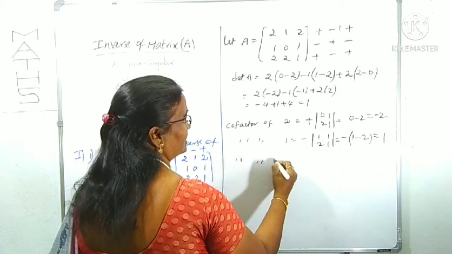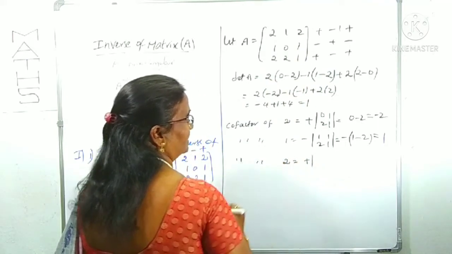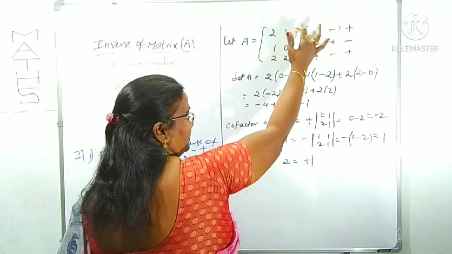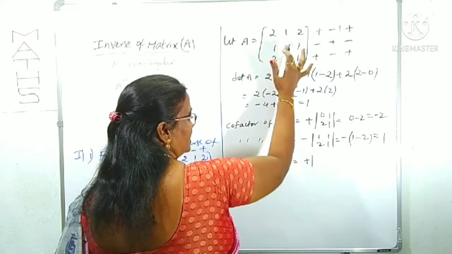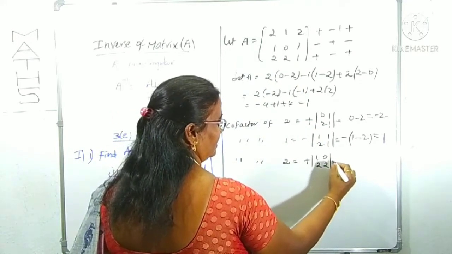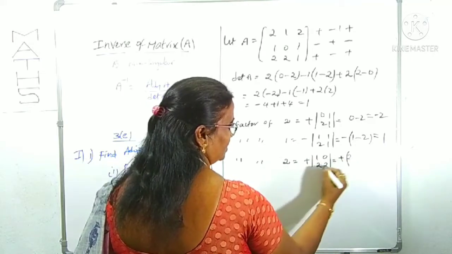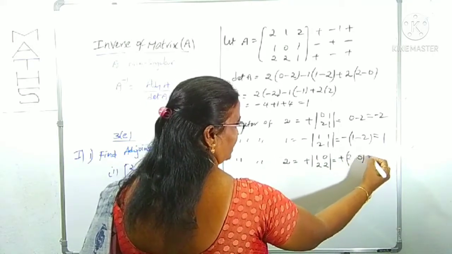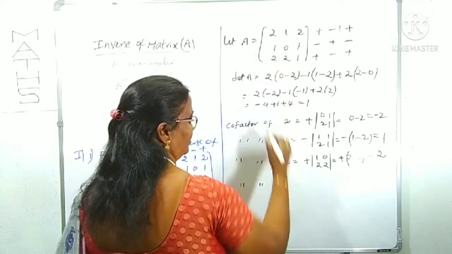Now the cofactor of the next element, 2. That is a plus sign of the determinant. After closing its row and column, what is left over is 1, 0, 2, 2. Its determinant is plus 1 into 2, 2, minus 2 into 0, 0. 2 minus 0 is 2 only. Next, the cofactor of the next element, 1.